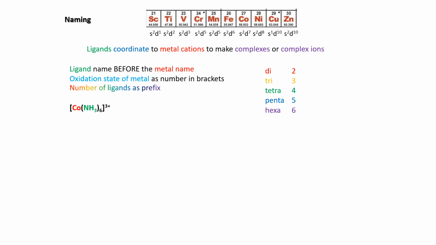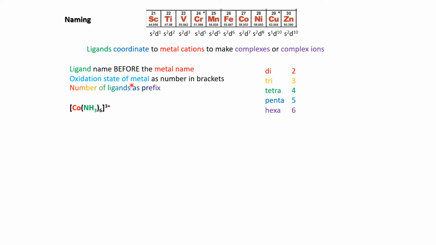So let's think of this complex cation here. It's a complex because we've got the metal and ligand together. Metal I'm doing in red, ligand in green. It's a cation because the whole thing has a charge of 3+. The metal is cobalt. The ligand is ammonia, which of course is ammine. We have 6 of those, so that's hexaammine. So it's hexaamminecobalt.